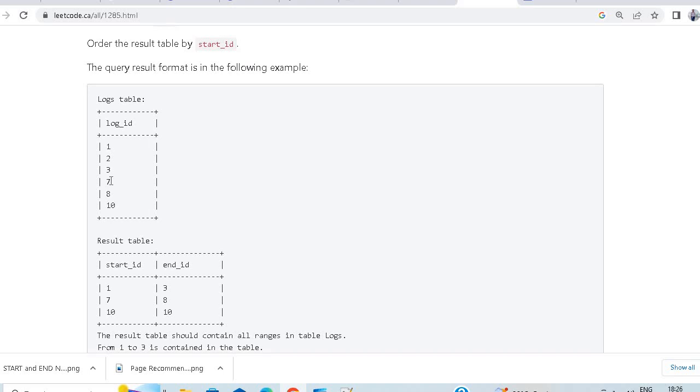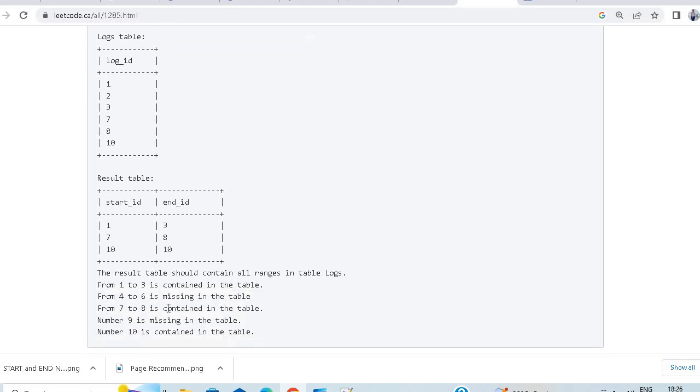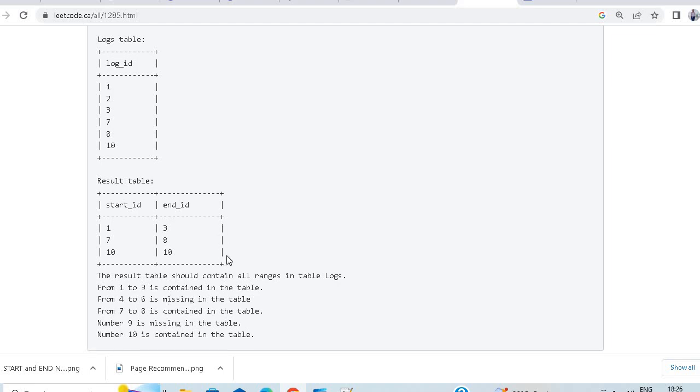After 3 we got 7, so 7 and 8 are continuous. So the start ids will be 1, then 7, and again it starts at 10, it skips 9, starts at 10, and ends at 10. We need to find a result like this.